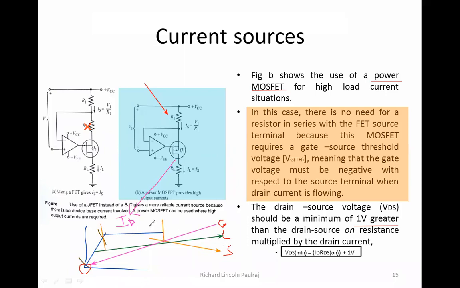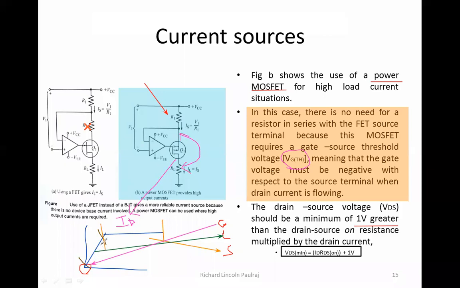ID will get generated when it has passed through the threshold voltage, and then I still increase the voltage. It is called VDS, the voltage between the drain and the source, between this terminal drain and the source. If I increase that VDS, ID will start increasing. So this is my ID.